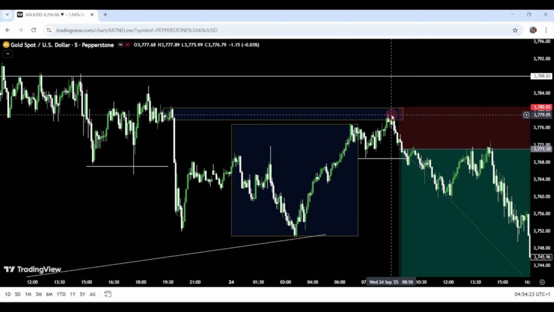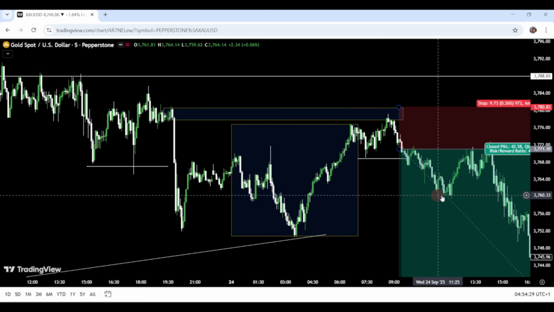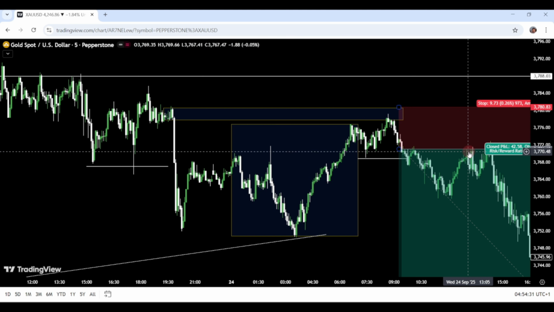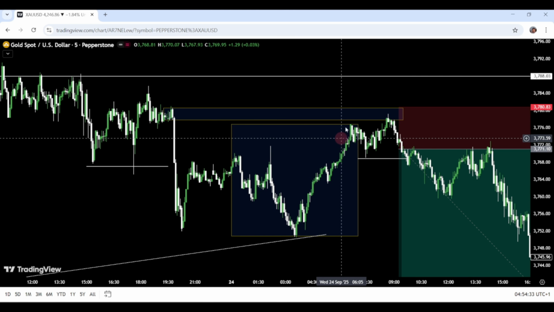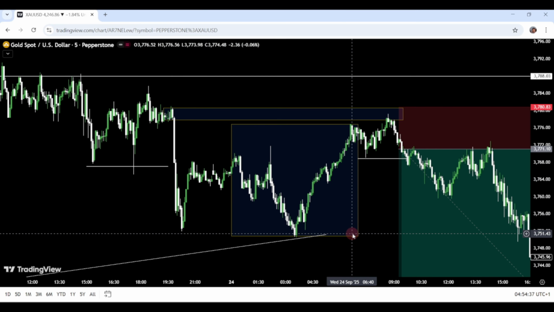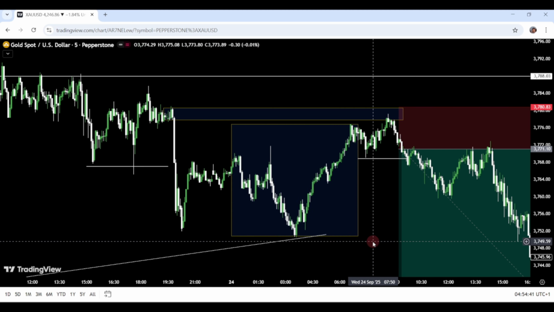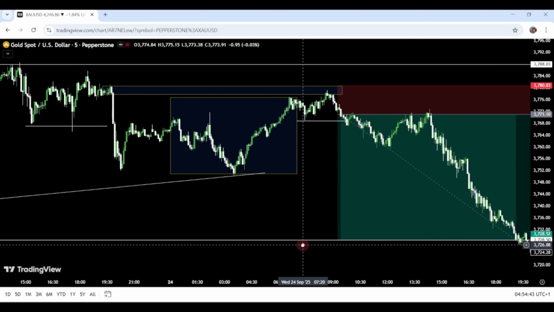During the London session, price will rally into one of those POI, tap there, like what you're seeing here, and pull back into the range. If you see a slight pullback, if the pullback does not go above the range, then you can sell. You target the other part of the range as your first take profit, and you can hold a little bit longer.